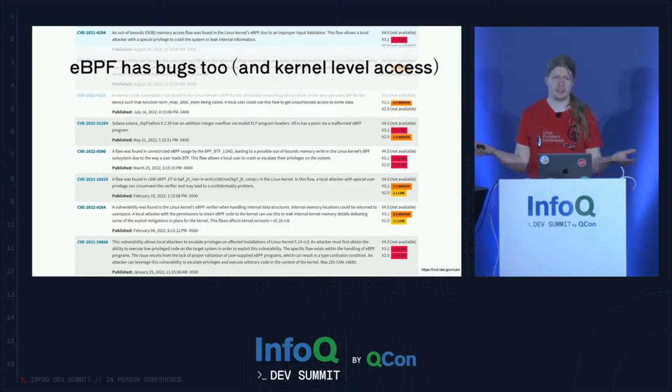But of course, eBPF has bugs too. All my applications have bugs all the time, yours probably too, so why should eBPF differ? But most of the bugs are in the verifier, so please, please, please don't run eBPF programs from untrusted users. And even if you run them from trusted users, know why you execute them, and don't execute them blindly. Because they have kernel-level access, they can access all the memory, all the passwords, everything stored, so yeah, please don't install malware on your systems.